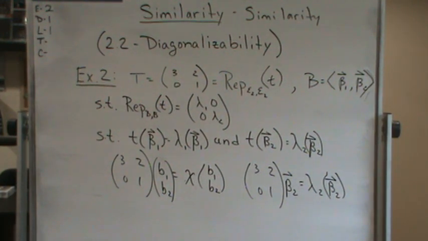And so we're looking for scalars x such that that equation holds, and has solutions b1 and b2 that are not both 0. That's the key thing, right? We don't want them to both be 0, because remember, the 0 vector is not a member of any basis.